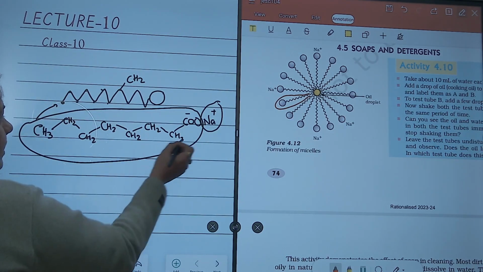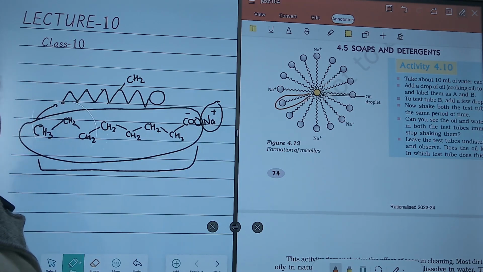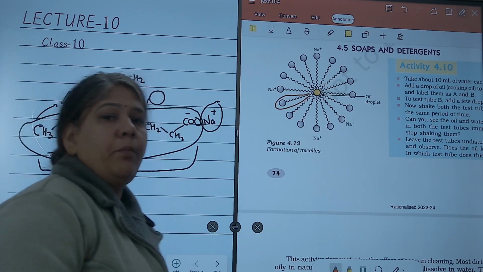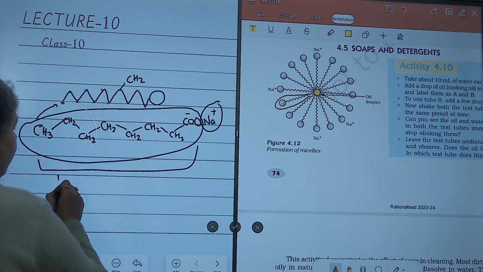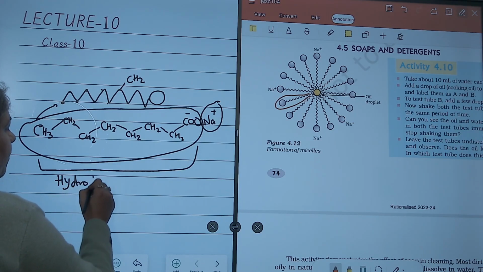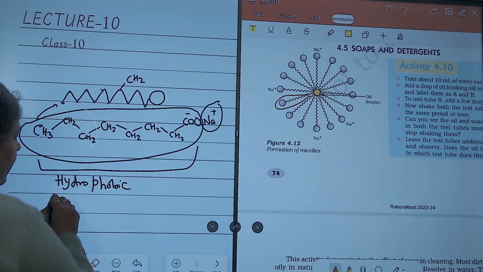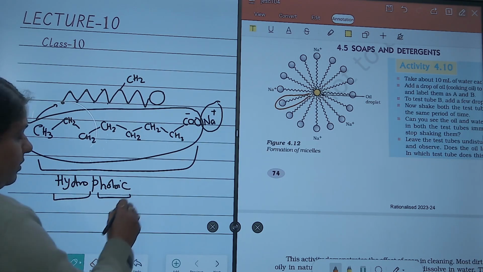See what happens, this much part, that is the hydrocarbon part, is called hydrophobic. Hydro means water and phobic means fear.